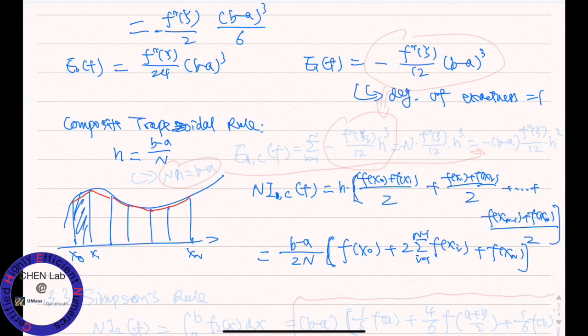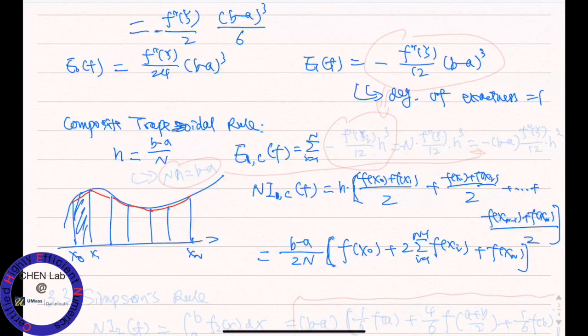For the error, as we did for the midpoint, we just reuse what we did above. For the composite form, the error is then a summation on each piece, where i is from 1 to n.